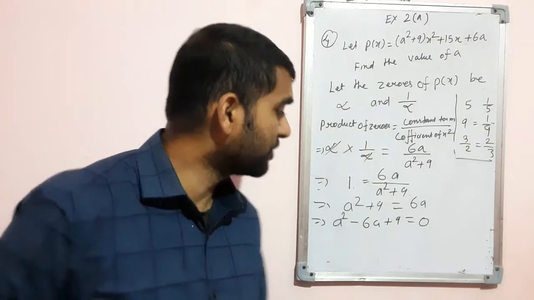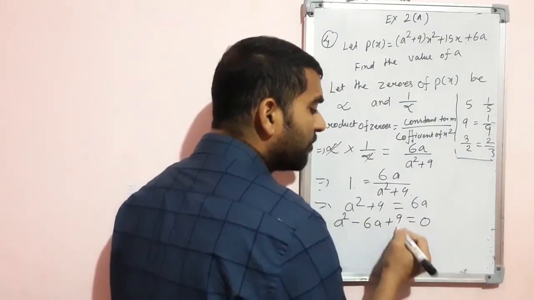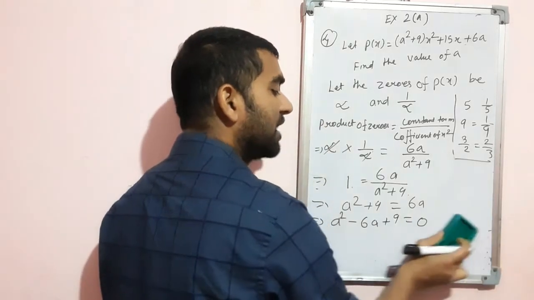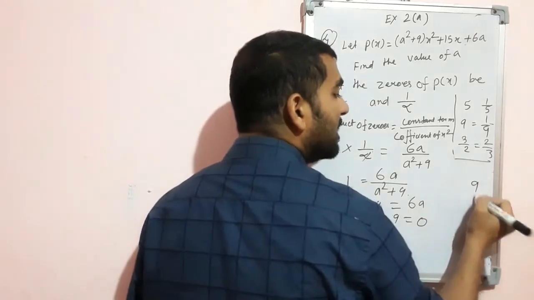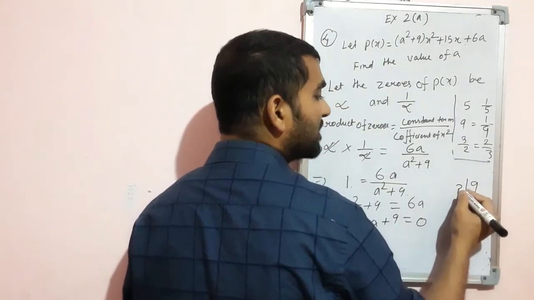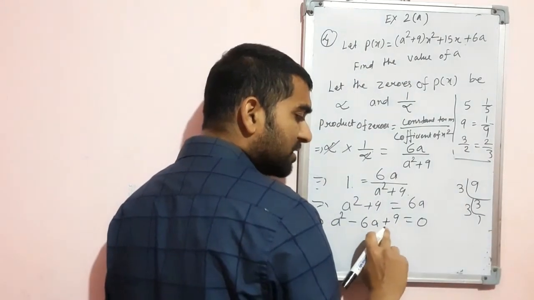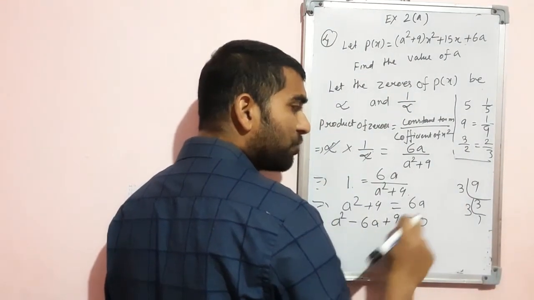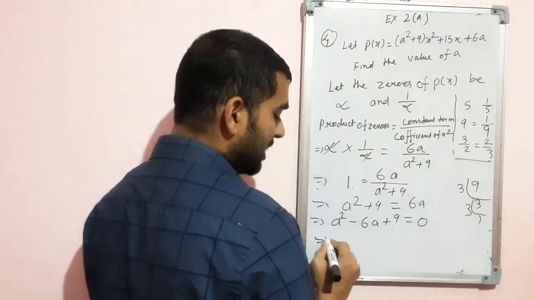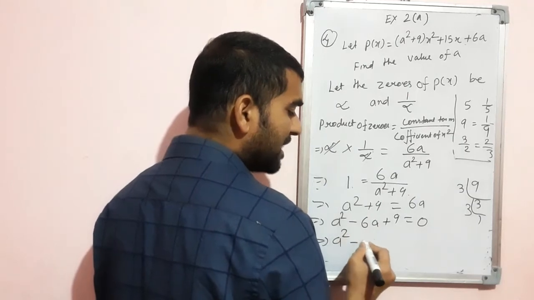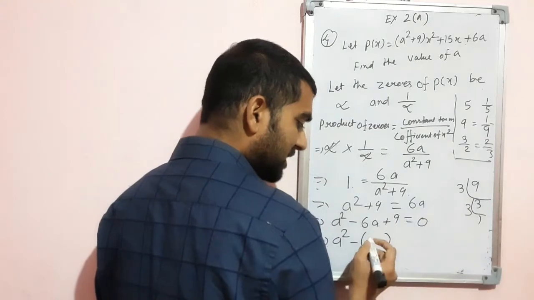Next step. How to get the value of a? Splitting the middle term. Perform the middle term factorization. How do we factorize? Nothing here means 1. 1 into 9 will be 9. Do the prime factorization of 9: 3 threes are 9, 3 ones are 3. See, the sign before the last constant term is plus, so we have to get 6 by adding these numbers. So a square will be a square, minus sign stays minus. Inside the bracket, 3 plus 3 is 6, right?